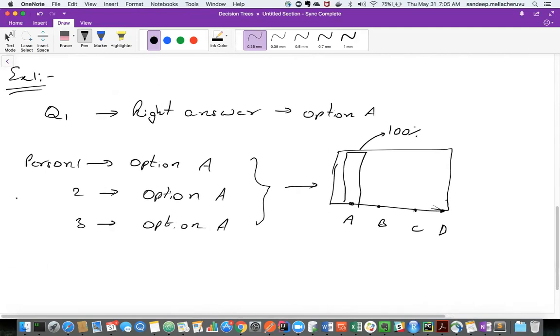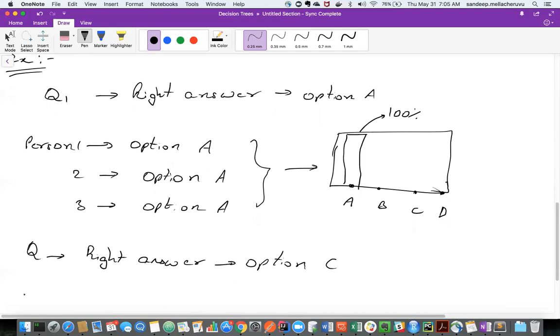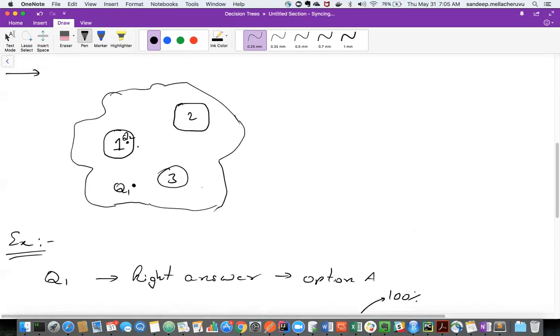This is question 2, and the right answer is, let's say, option C. Now what will person 1 answer for this question 2?